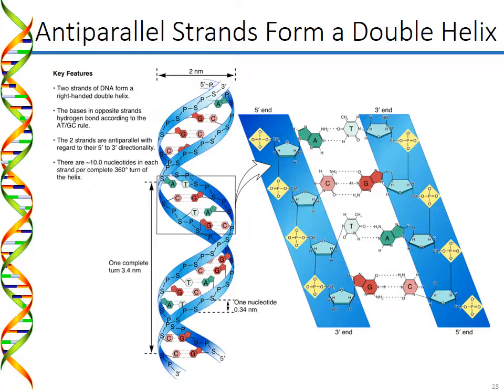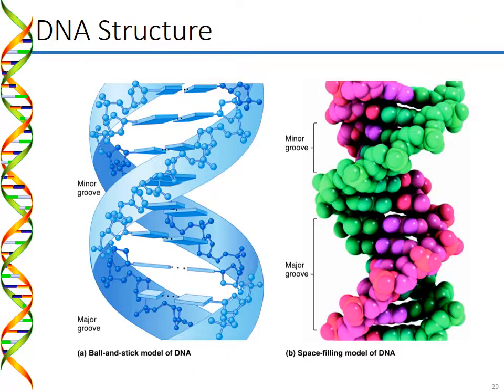There's approximately 10 nucleotides per turn of the helix, and the bases, as we discussed already, are bound to each other, A to T and G to C. Here we see two different representations of the DNA double helix structure, the ball and stick model and the space filling model, and in each of them you can see the minor groove and major groove that correspond to different parts of the DNA helix twist.